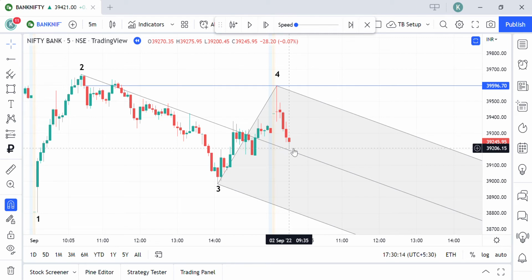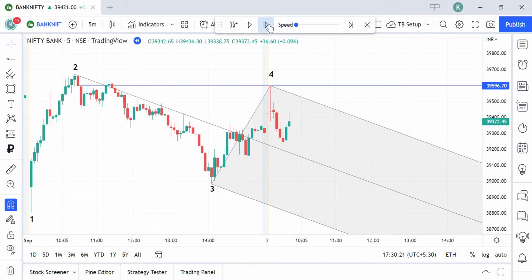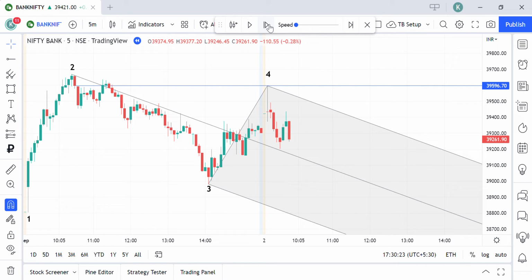Let us see how price displays further. Now, as we expected, there are certainly some buyers present at the inward frequency, the midline frequency of this pitchfork, who do not allow price to come down.